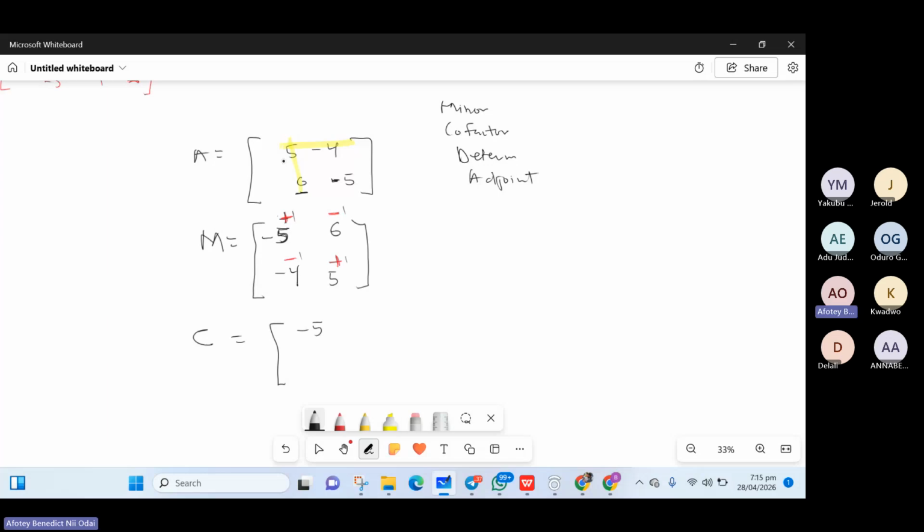Negative 5 times 1 is basically negative 5. Negative 1 times 6 is basically negative 6. Negative 1 times negative 4 is 4. And of course, we have 5 over here. So once we apply plus, minus, minus, plus, which in this case is for a 2 by 2 matrix, we get our matrix of cofactors.